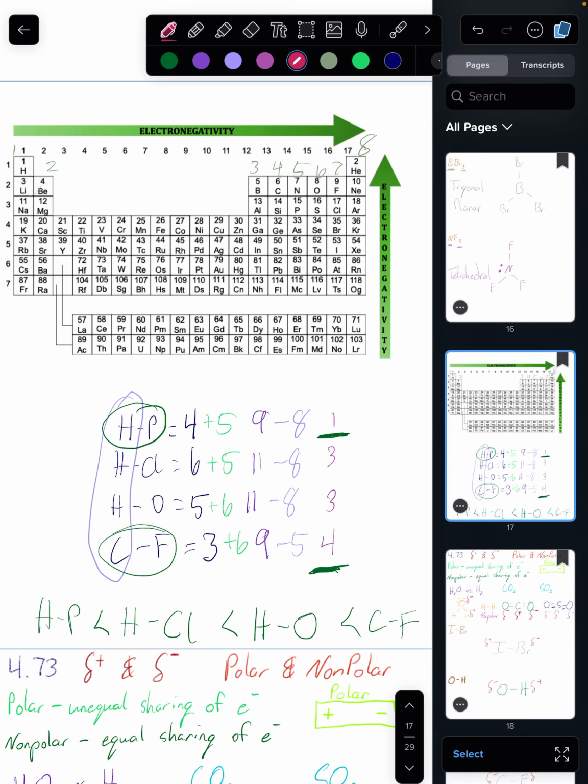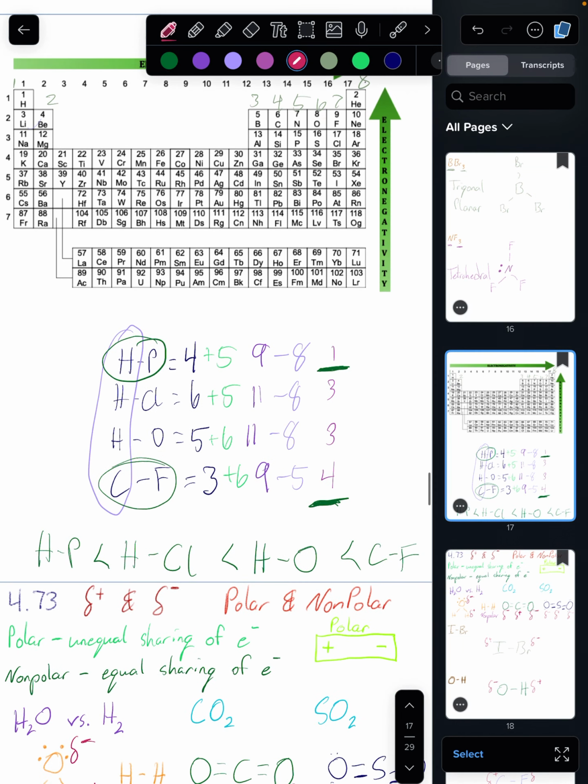Because if we did it with its electrons, like this HP, and our phosphorus is right here. So one's 5. 1, 2, 3, 4, 5. Okay. Now, we have our chlorine.